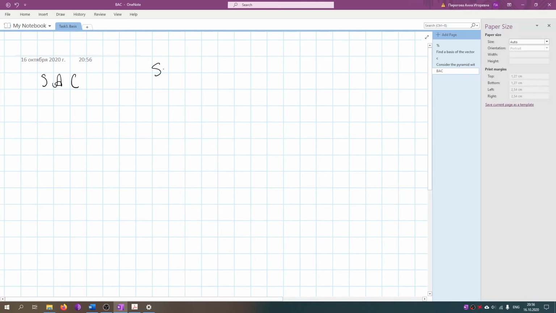So the coordinates of it are, for S we have 2, 3, 5. For A we have -1, 0, 1. And for C we have 1, 3, 2.